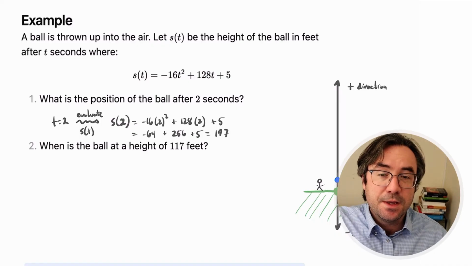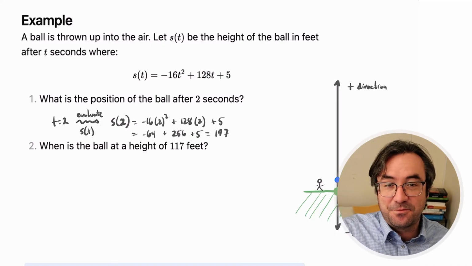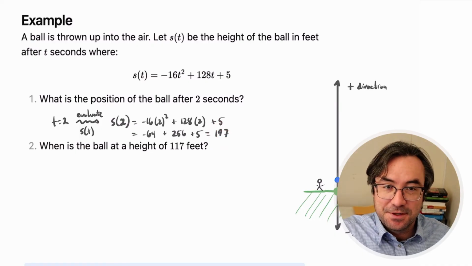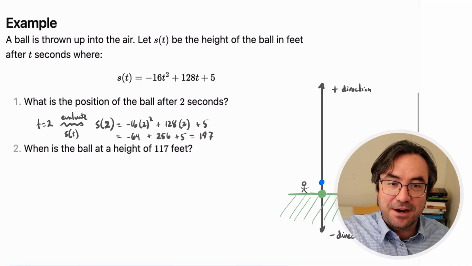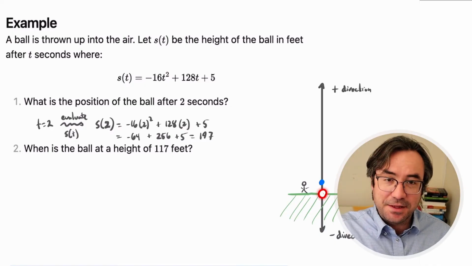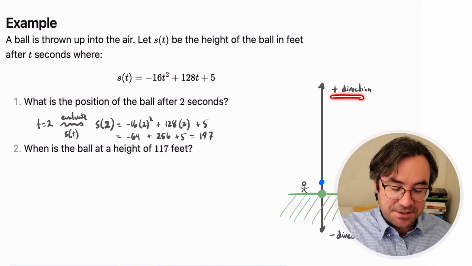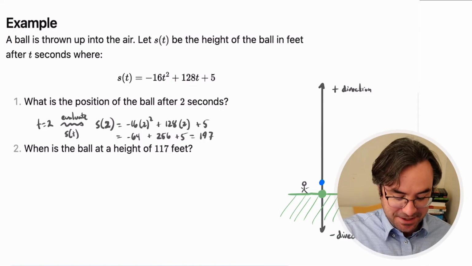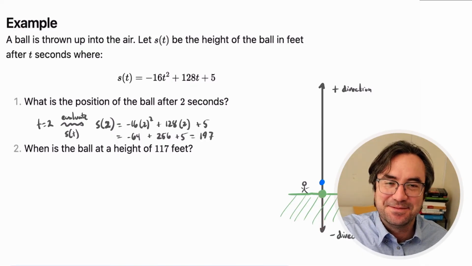All right, so a couple of things about this number. It's positive. So if we look at our diagram again, the fact that it's positive tells us that relative to the ground, this ball is in the positive direction. So it's somewhere floating up here. It hasn't drilled down into the ground yet.